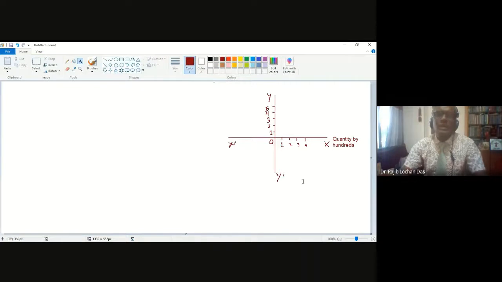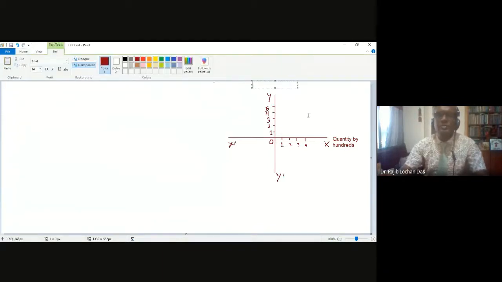Okay, and the y-axis, that is also a different thing. It is also not the same thing. So in the y-axis we are writing production cost, and it is by thousands.